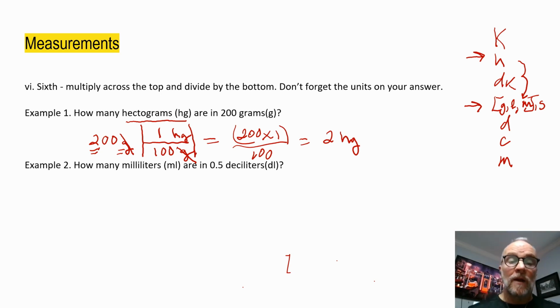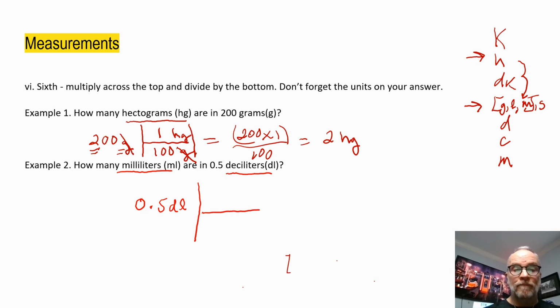All right, let's work another one. We've got 0.5 deciliters, and we're converting those to milliliters. First step's underline what you're solving for. Second step is to write down your given. 0.5 deciliters. All right.